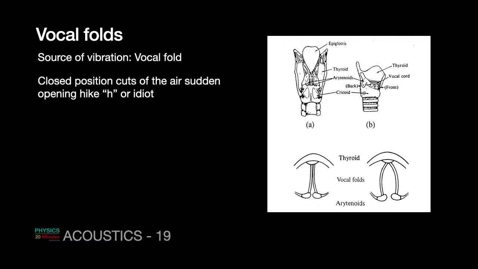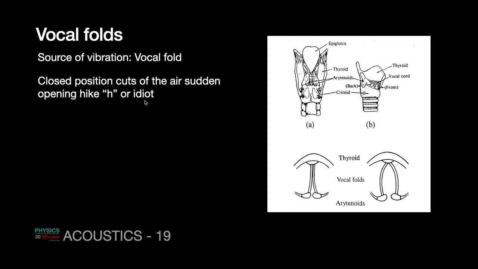Closed vibration cuts off the air with sudden openings, like in H or idiot, those sounds. If you make these sounds, it happens that it closes suddenly. I'm not a speech scientist, so my pronunciation can be poor also. So you just have to try your own pronunciation and experience.